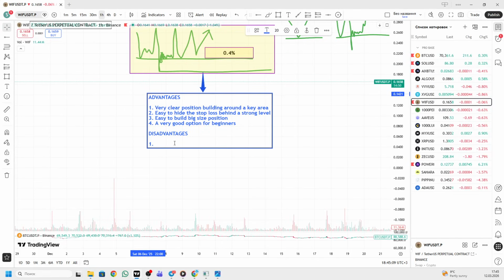Okay, so let's write this down like this. Missed entries can happen, and I will write this here, that sometimes the price doesn't reach the level.